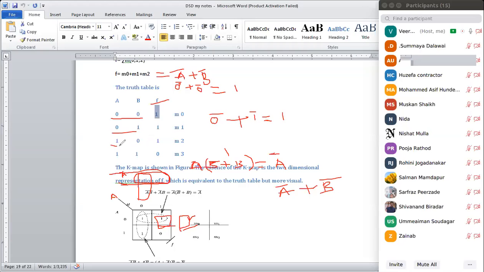Again 1 bar and 0 bar, I will get 1, and then 1 bar plus 1 bar equals 0. Okay, so here I will get 0 plus 0 equals 0. Right? So the truth table has been simplified in terms of standard SOP now.